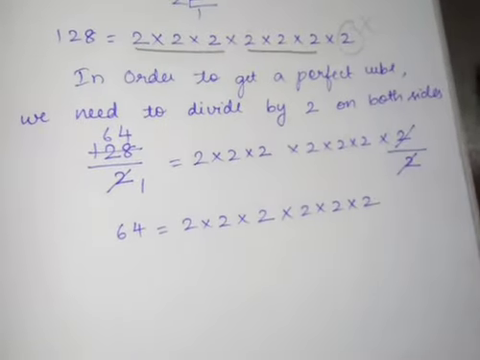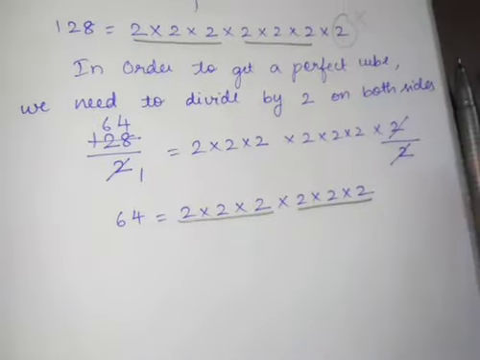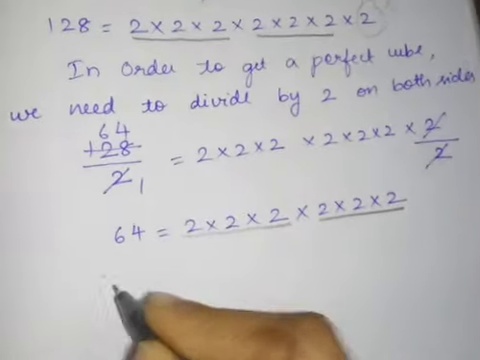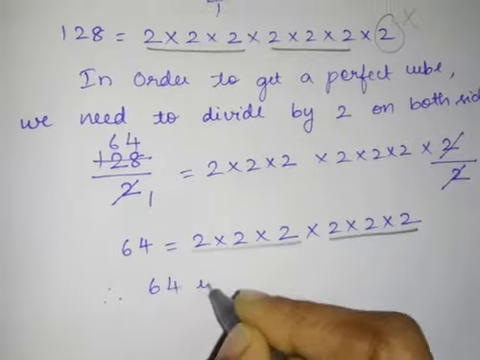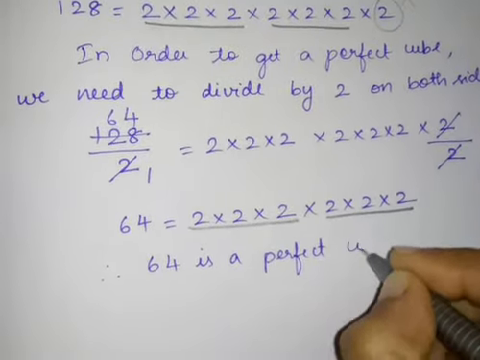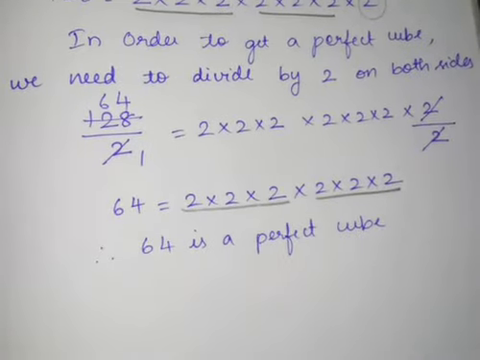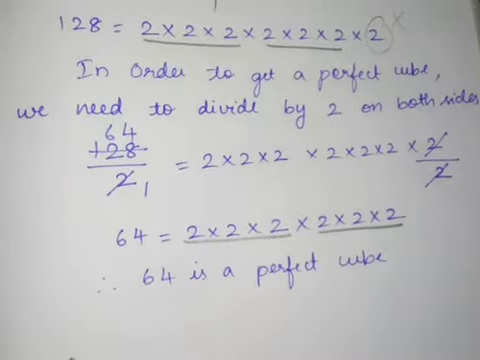Okay, now is the grouping there? Yes, these 3 numbers form a group, and these 3 numbers form a group. Therefore, the number 64 is a perfect cube.